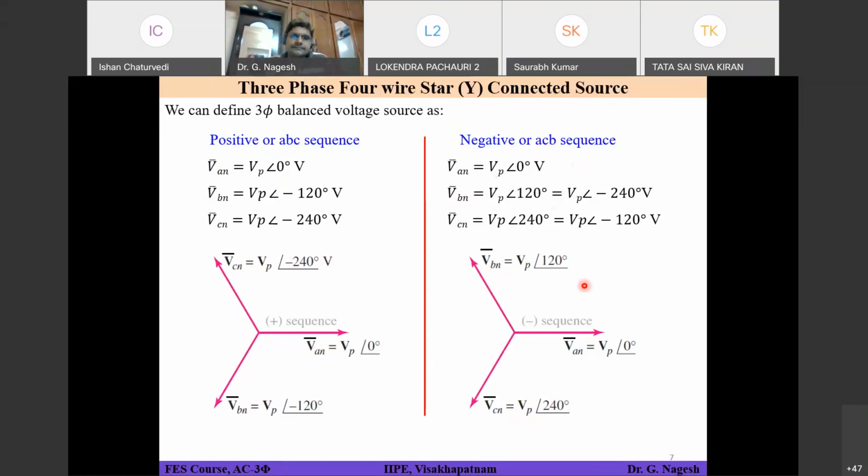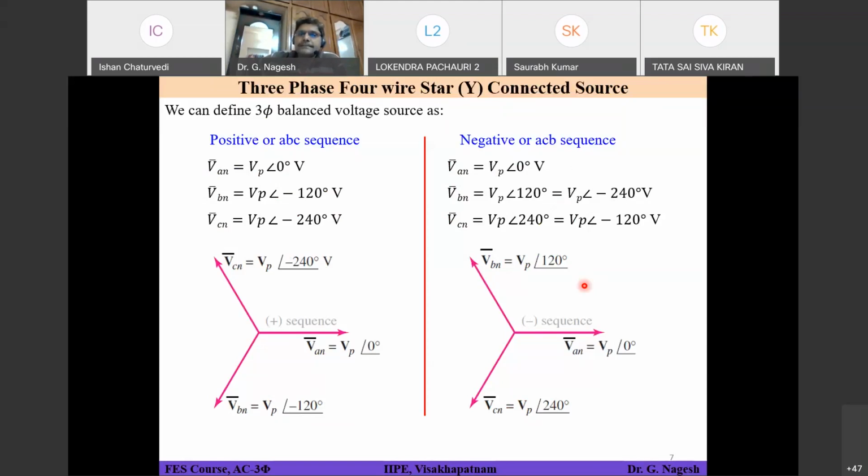Sir, so then the output will be different? The output will not be different. Only your phase sequence will be different. See, if you talk about your phase voltage, your voltage amplitude is constant. It is not going to change. Your phase angle for your reference is also going to remain the same, 0 degrees only, because that is your reference.